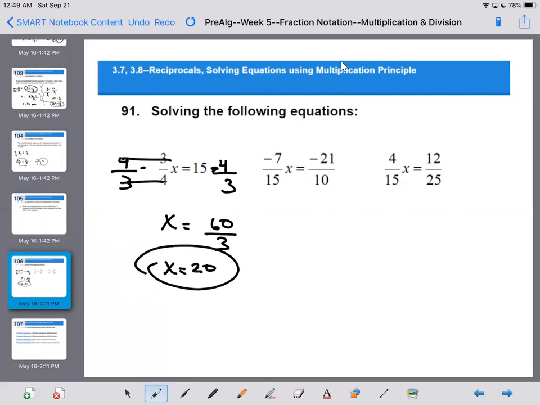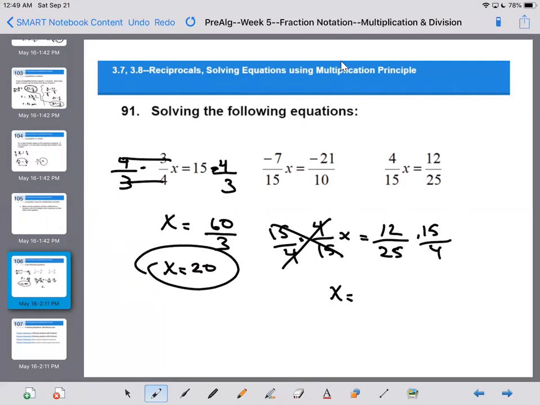And then let's look at 4/15 x is equal to 12/25. If I multiply by the reciprocal on both sides, that goes to 1, which is what you wanted. Now, 12, 15, 25, and 4.